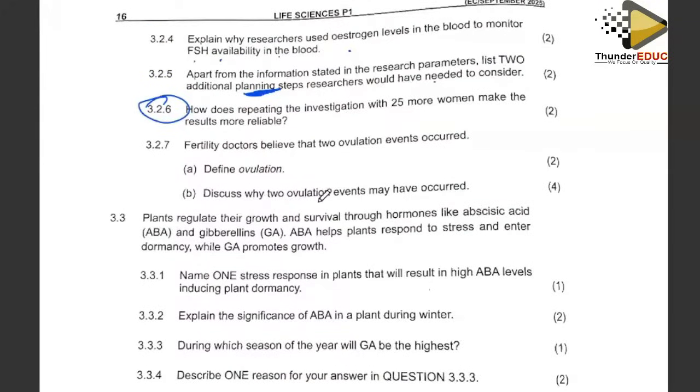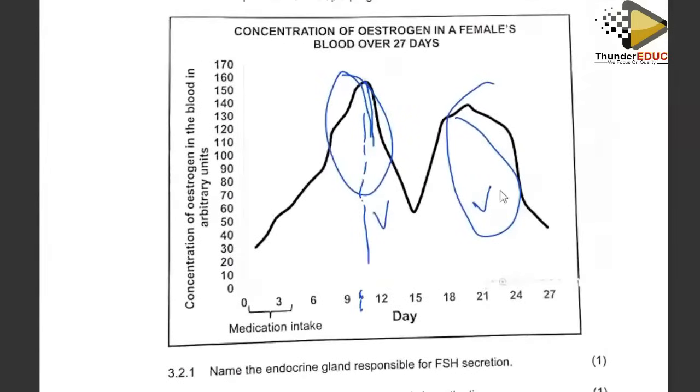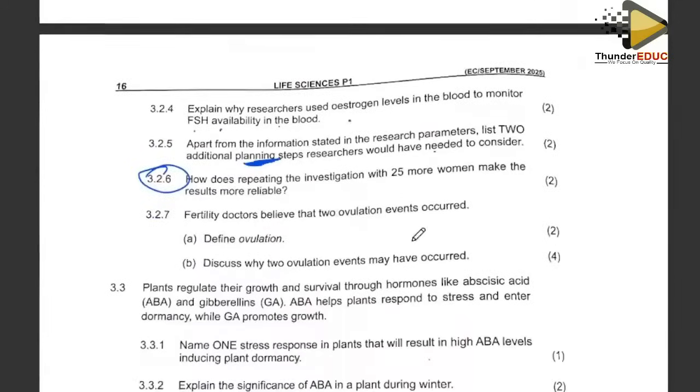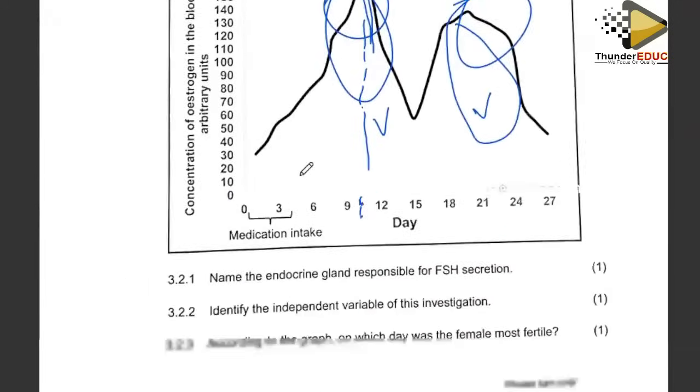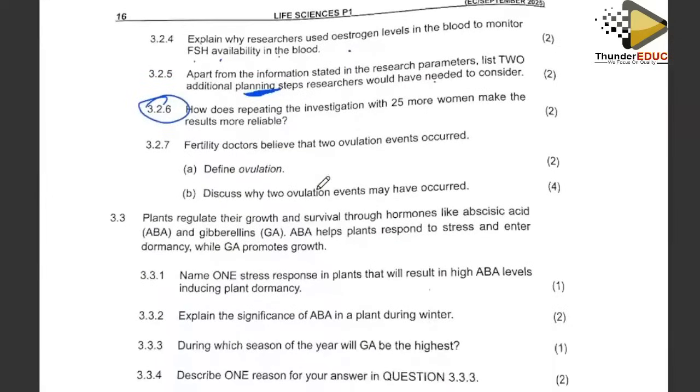Okay, discuss why two ovulation events may have occurred. So I can say that ovulation levels picked up. You see that you have two peaks. Two peaks are being shown on the graph, which shows that estrogen, remember this is the estrogen graph.